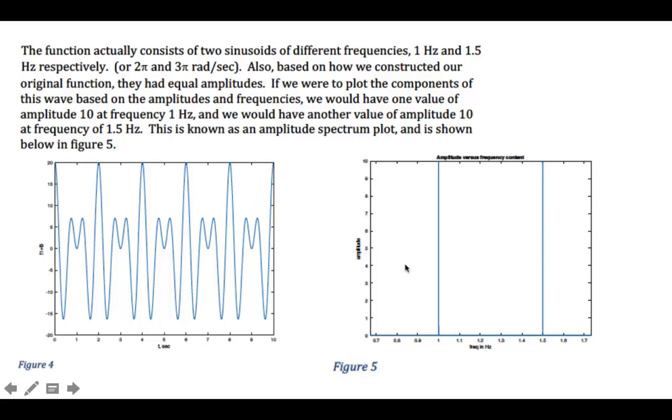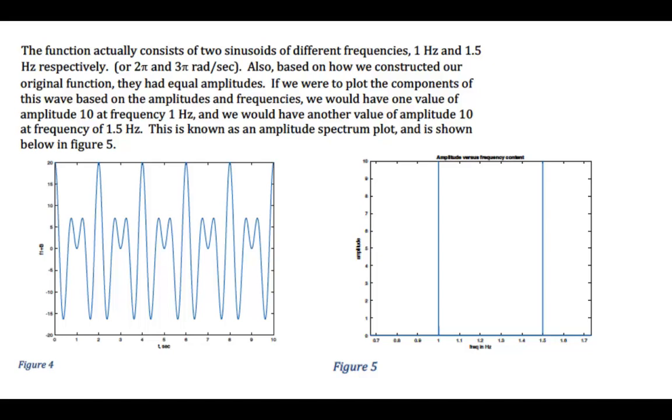Spectrum means as a function of frequency, and amplitude, as you recall, is obvious. So from this plot, if we didn't know anything else, we would know that we have one cosine function with a magnitude of 10 and a frequency of 1 hertz, or 2 pi radians per second, and another with a magnitude of 10 and a frequency of 3 pi radians per second.